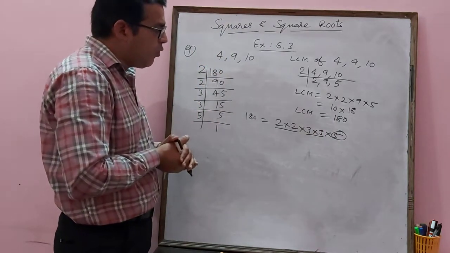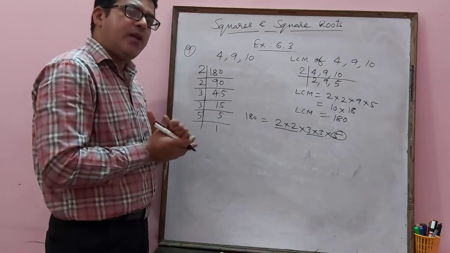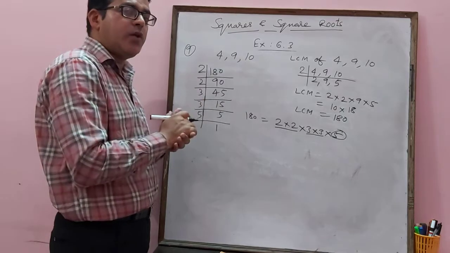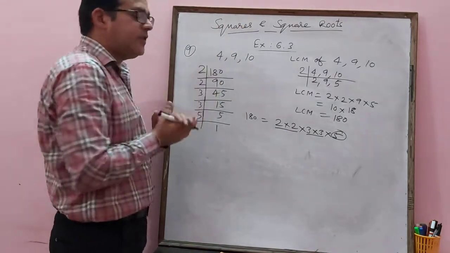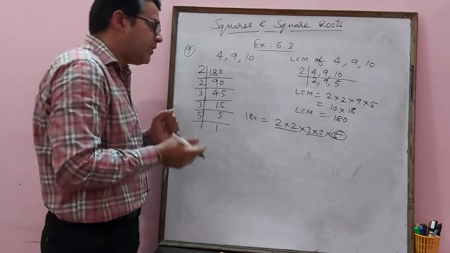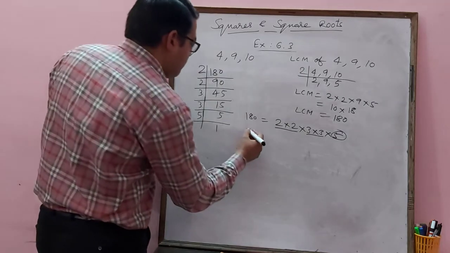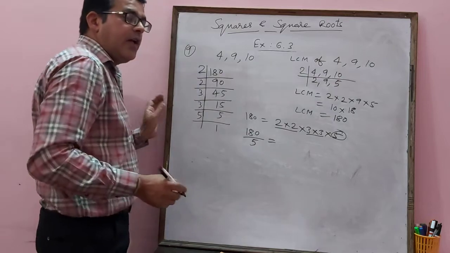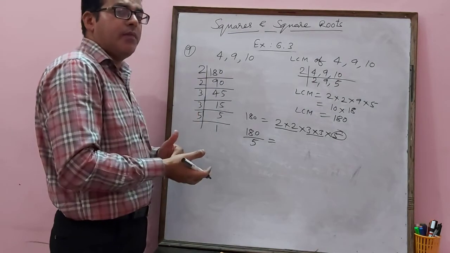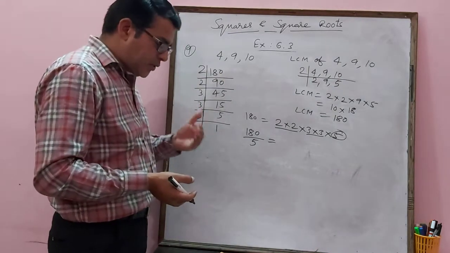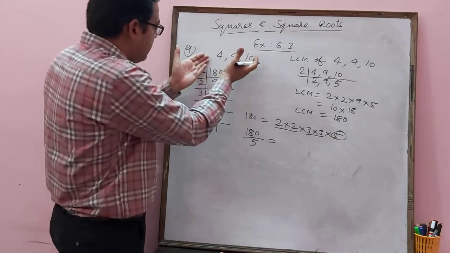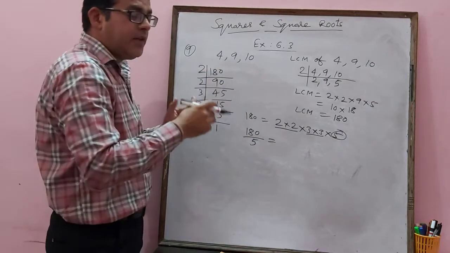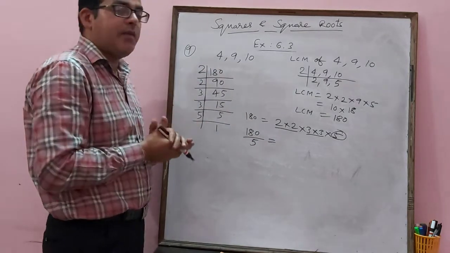So if we remove this 5, then we can make this 180 a perfect square number, and that number will be divisible by all these 3 numbers. So let's divide both sides by 5. Hope you are understanding. If you have to find the greatest number, then you should multiply by 5.